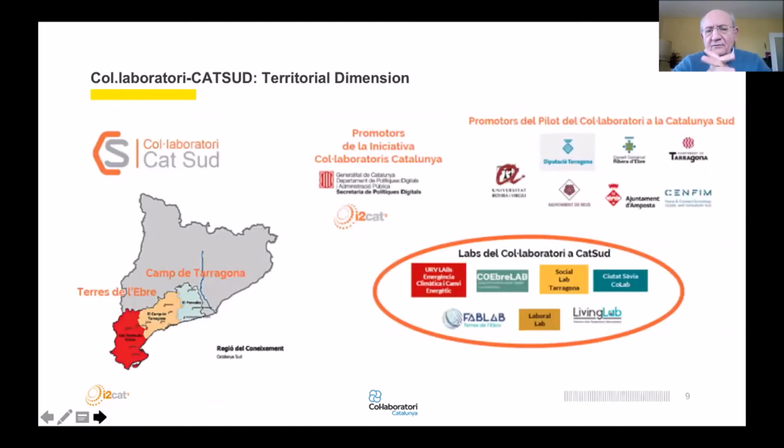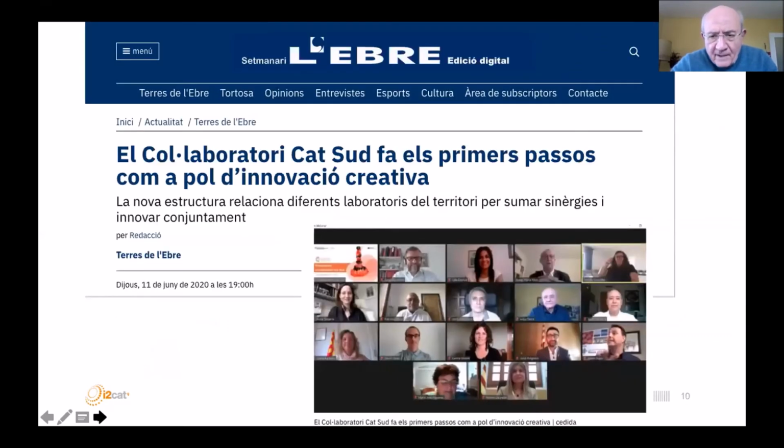We started this project in the southern part of Catalonia, not in the Barcelona metropolitan area, the less economically developed part, trying to connect the regional universities and different industrial clusters with this community of Fab Labs, social innovation labs, and vocational training labs. And that works very well. In fact, it was such a success that it inspired the continuation of the Collaboratory in the next region of Catalonia. That was the presentation in 2020 of this project.